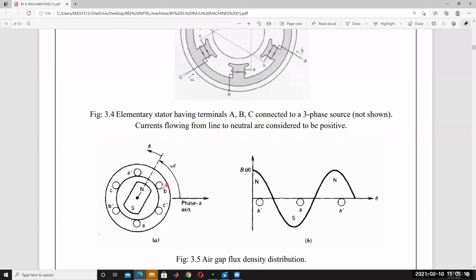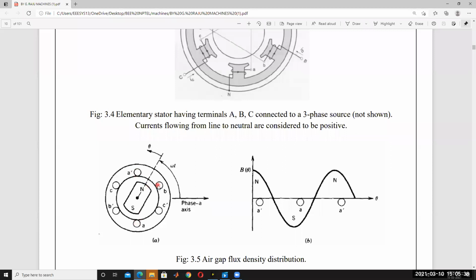At a particular point, at A or A dash, the magnetic flux density is maximum. At this particular location the flux density is high, and in between these two it is less. This is called the air gap flux distribution. Here the air gap flux distribution is more, and here more.